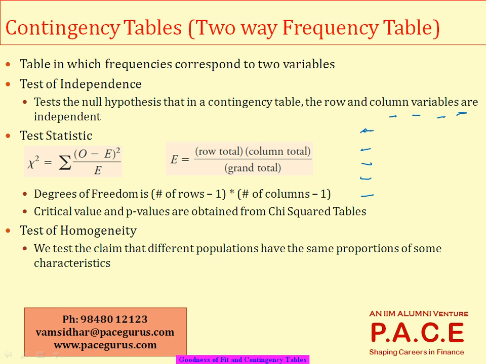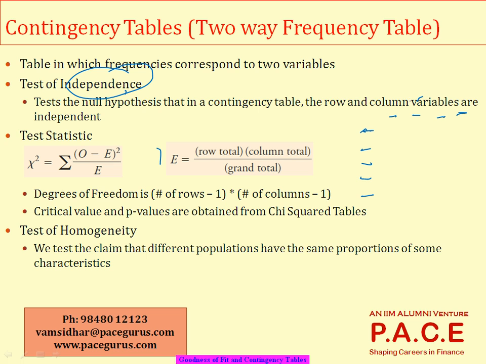There is no number directly assigned to it. So when two variables which I am analyzing together are in the form of categories, then I can still resort to this contingency table approach, especially if I want to test for independence.